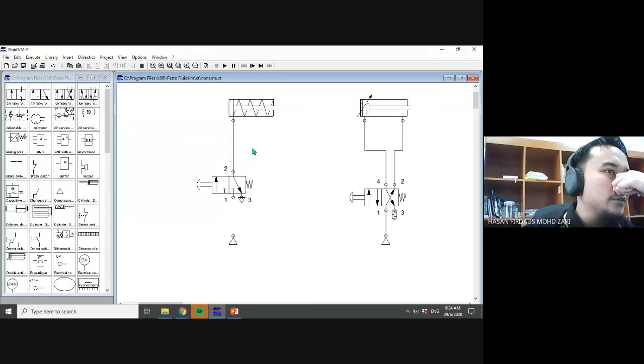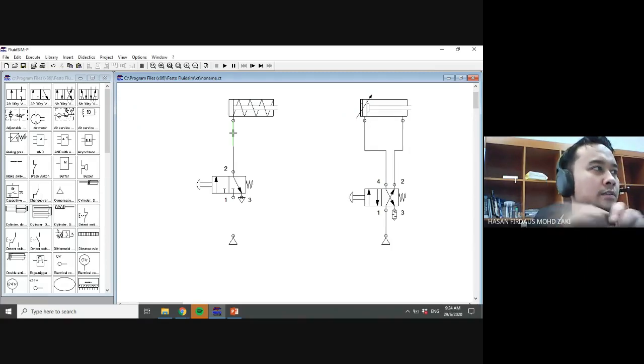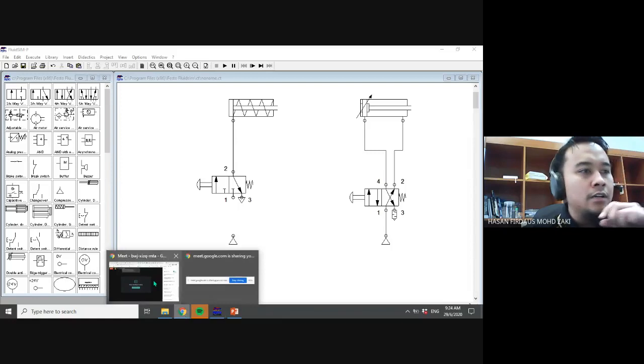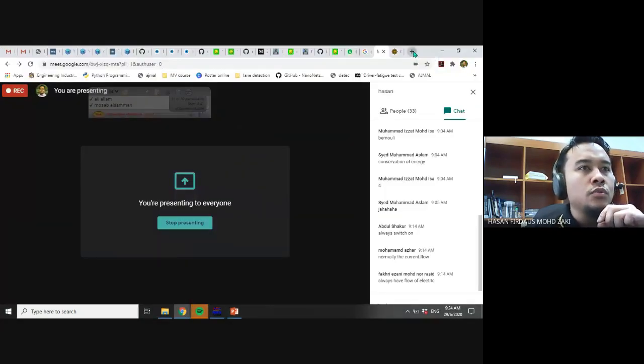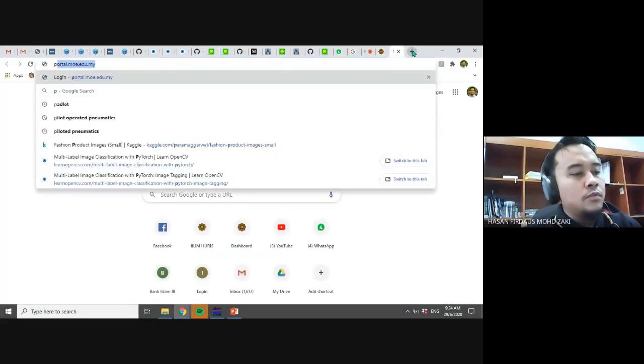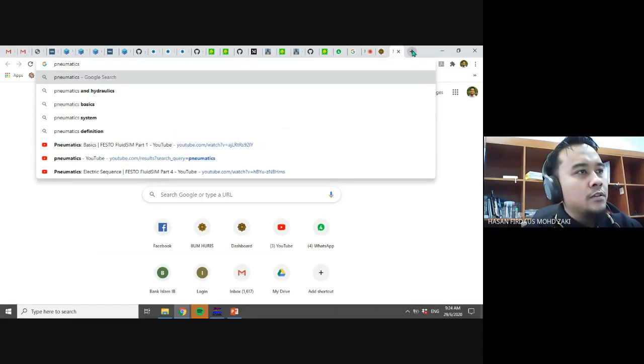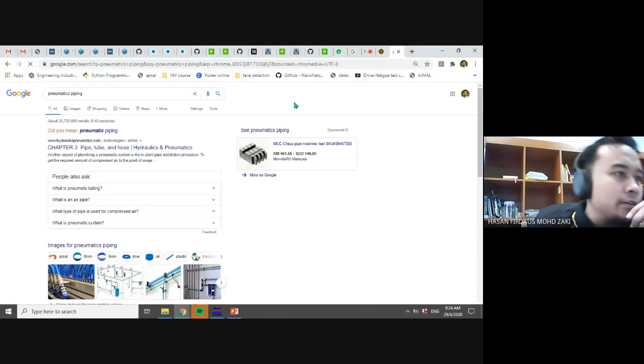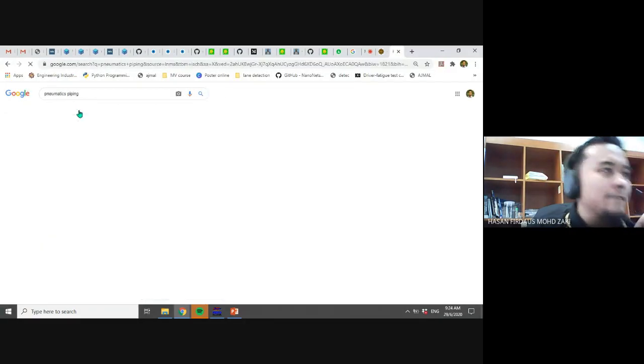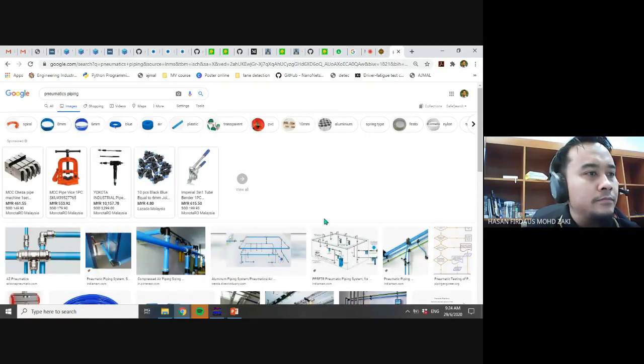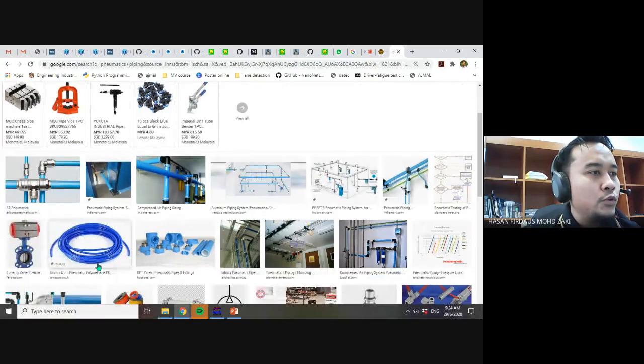In reality this is a pipe, a piping. Let me show you the real one. If you go to pneumatics, you use this.